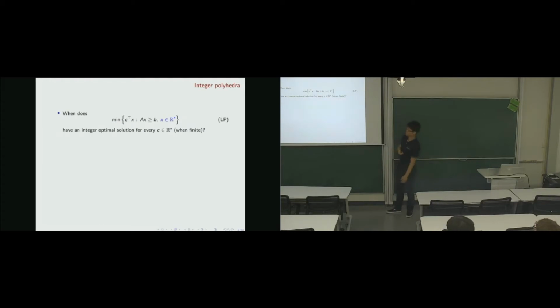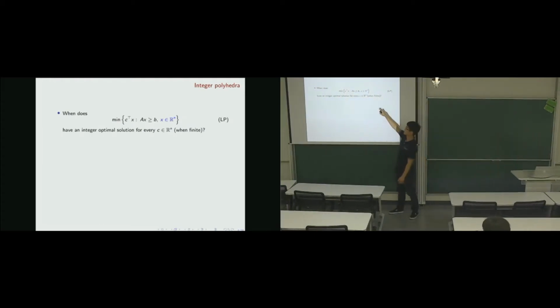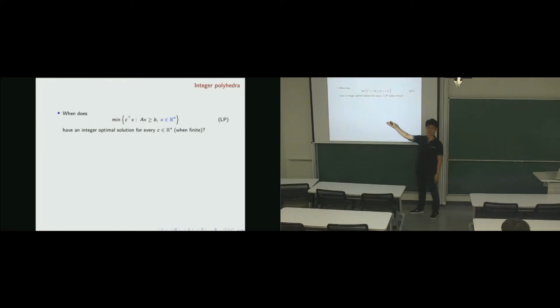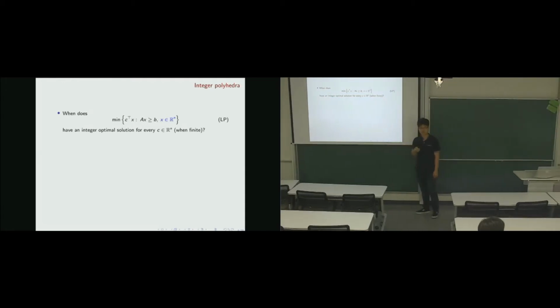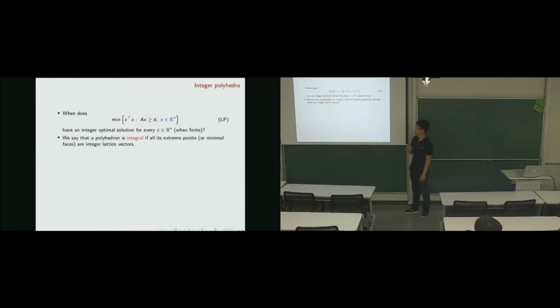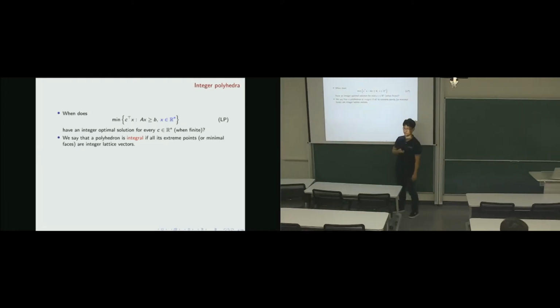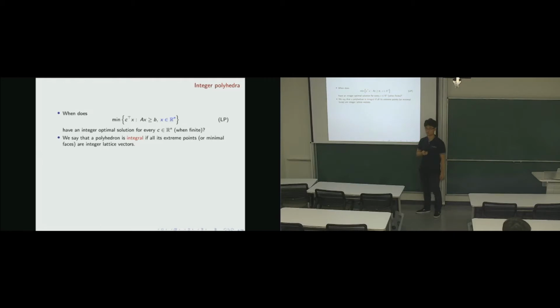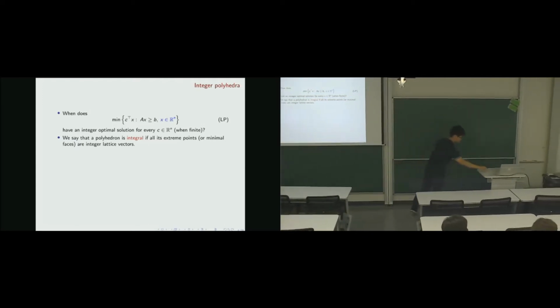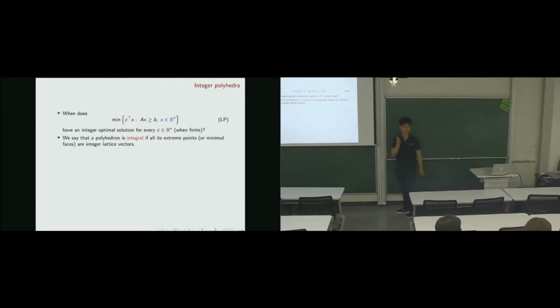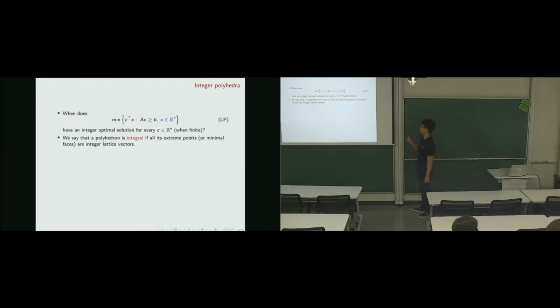So that's the question. Basically, when is it that this linear program returns an integer optimal solution for every linear objective c? I say that a polyhedron is integral if all its extreme points are integer lattice vectors. A polyhedron is a convex set defined by a finite list of linear inequalities. Because a linear inequality defines a half space, it just looks like a polygon in two-dimensional space.